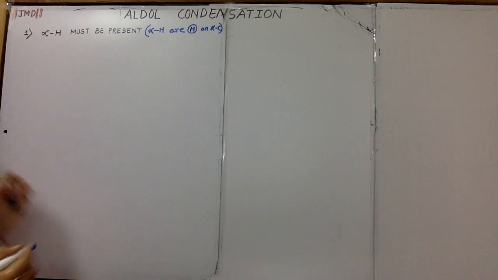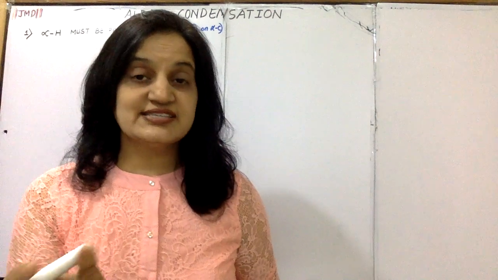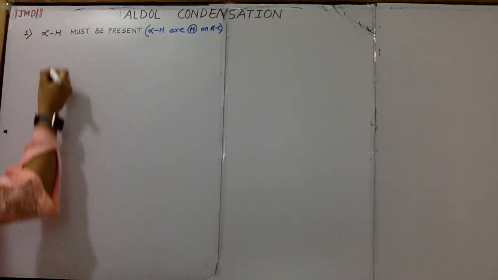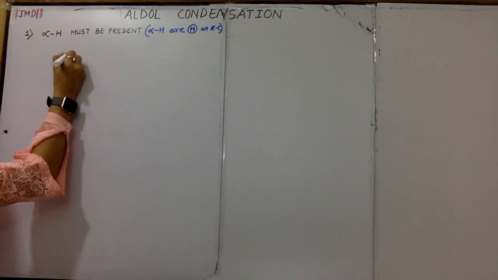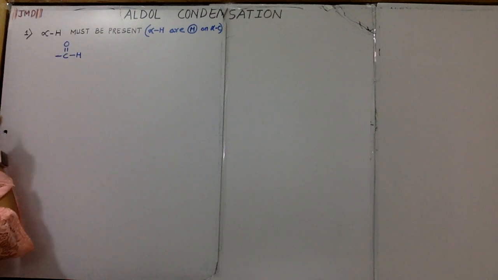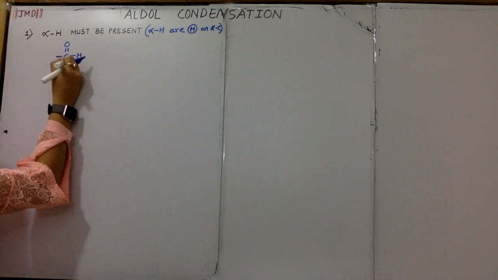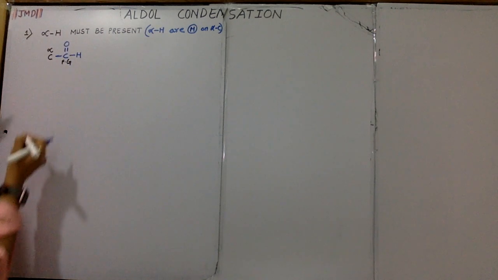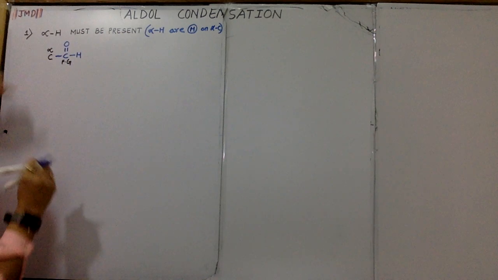Alpha carbon is the carbon which is adjacent to the functional group. See, that means if I take an aldehyde which looks like this, this is the functional group. So this becomes the alpha carbon and it should have hydrogen on it.